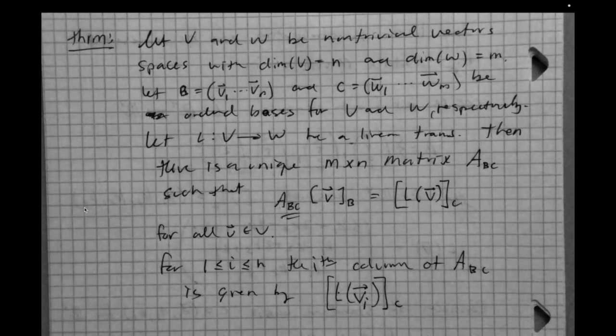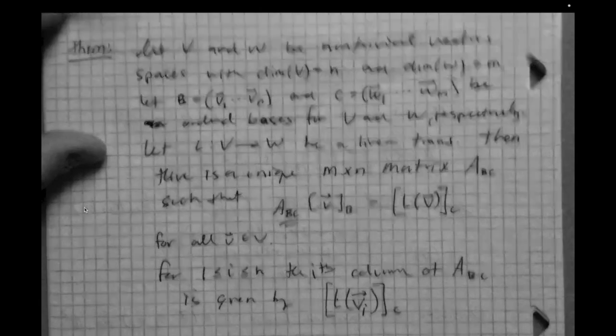The matrix A sub BC is usually referred to as the matrix of the linear transformation.